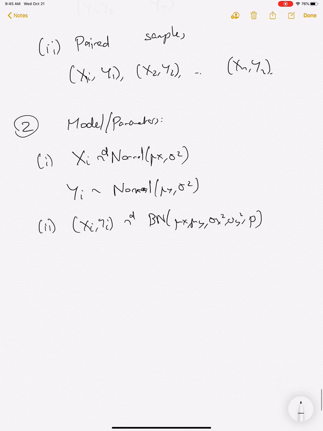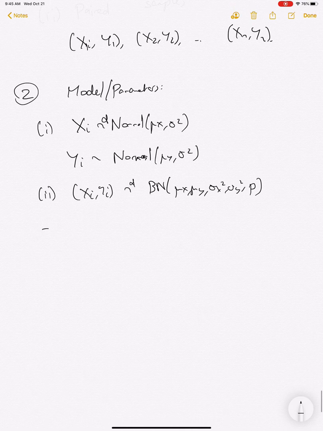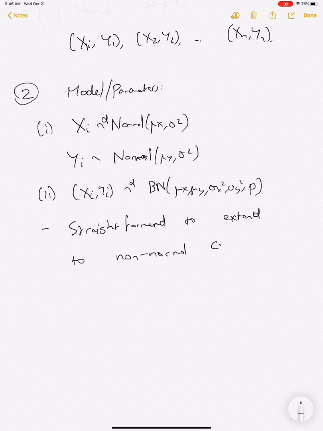And the thing to bear in mind is that it's straightforward to extend to the non-normal case, just as we did in chapters 8 and 9, where distributions of statistics become asymptotic.